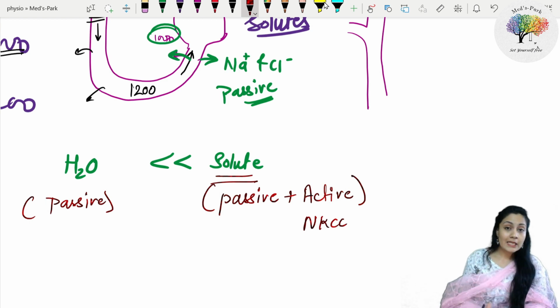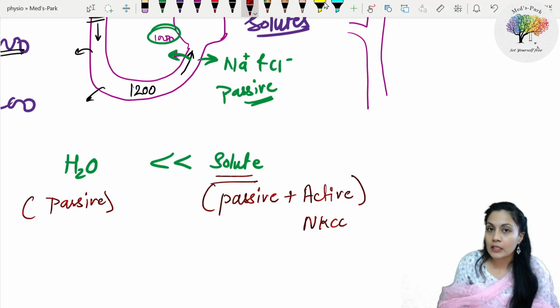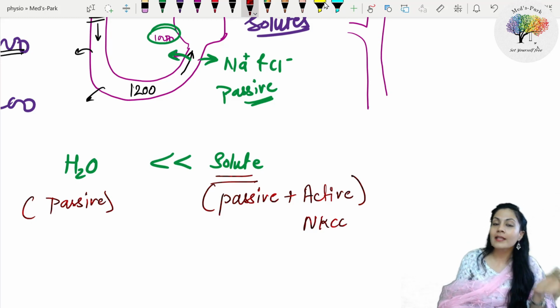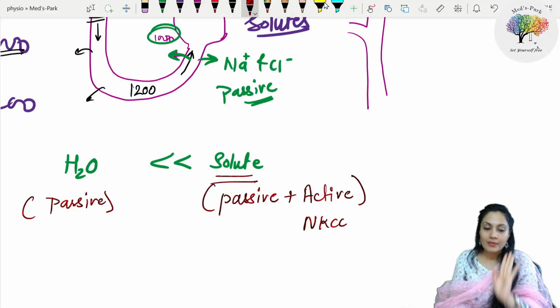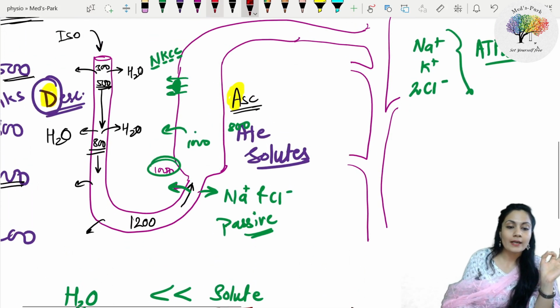But yes, the continuous movement of the water is occurring into the medullary interstitium. We do not want it to get diluted. For help with it, the vasa recta also comes into play. That we'll talk about. So what you have to write when you're writing in the prof?